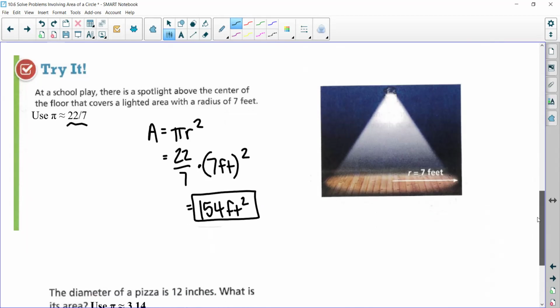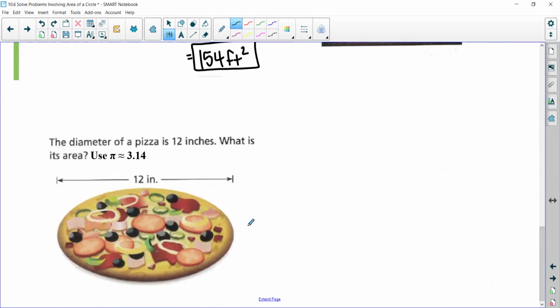You can see the pizza down here maybe. Diameter of a pizza is 12 inches. What is its area? So the thing that changes here is we're not given the radius. But the way we find area is pi r squared. If our diameter is 12, in order to figure out the radius, I need to cut it in half. So half of 12, we have a radius of 6.